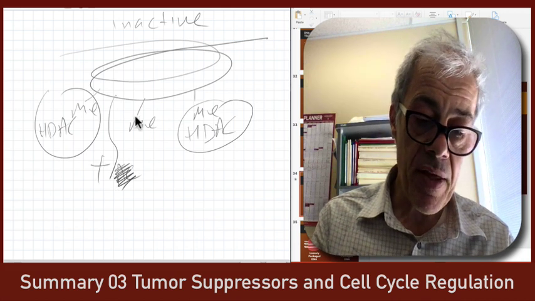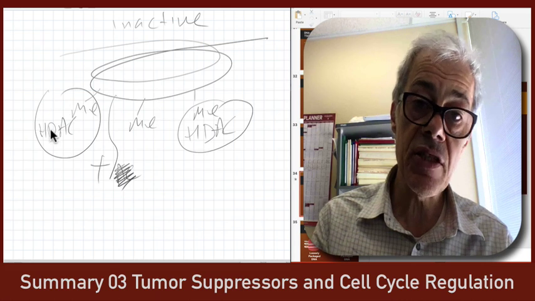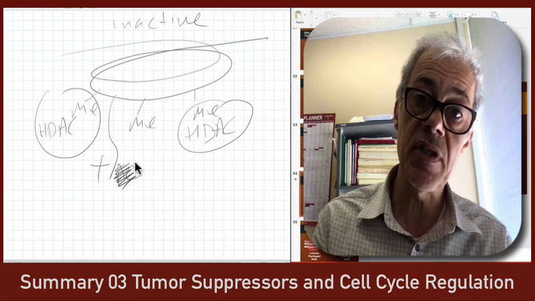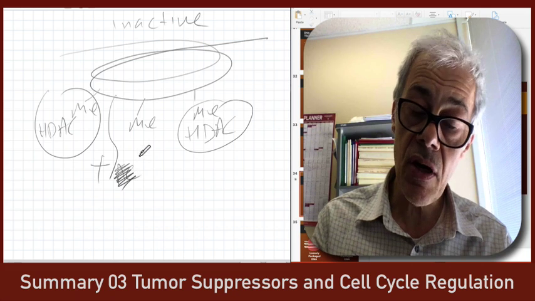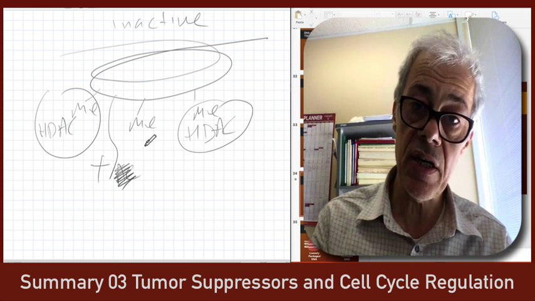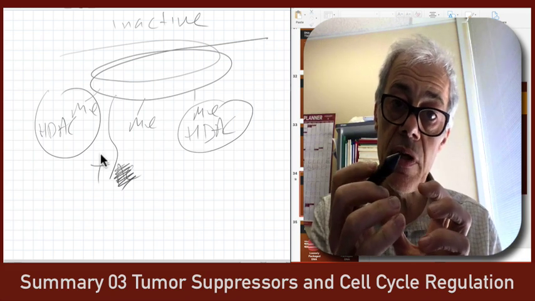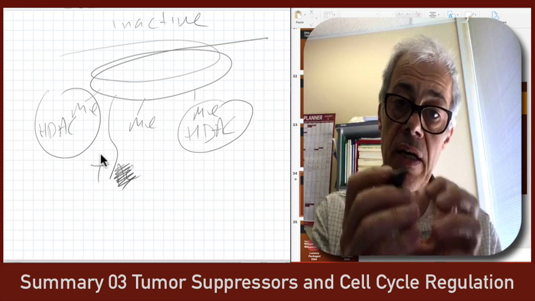So the methyl groups bring in the histone deacetylase, which removes the acetyl groups, deacetylates the histones and returns the positive charges. That tightens up the nucleosome, and a tight nucleosome can't be expressed.